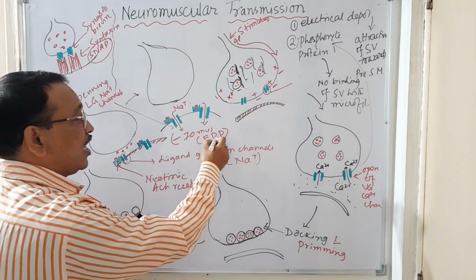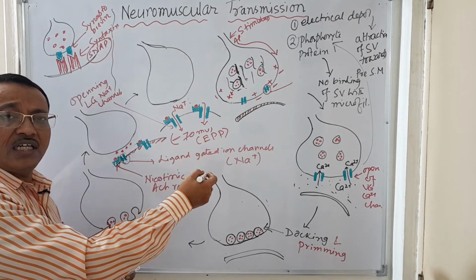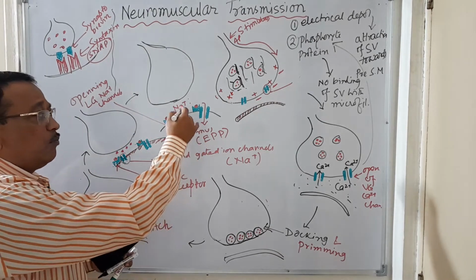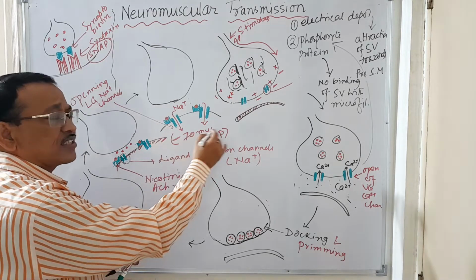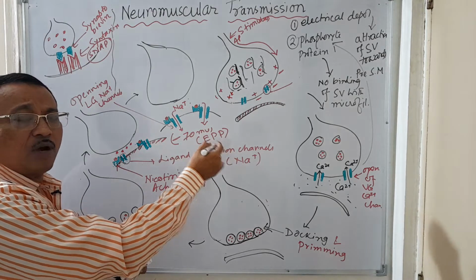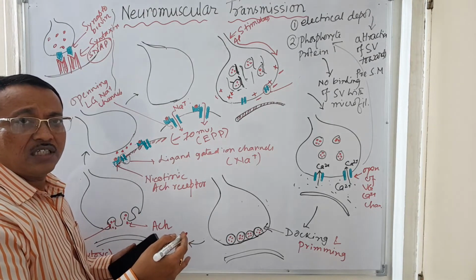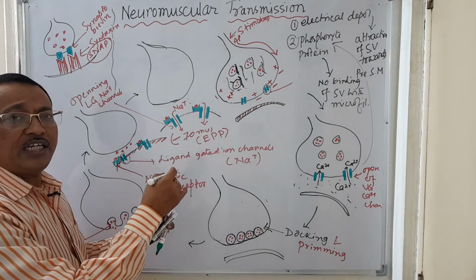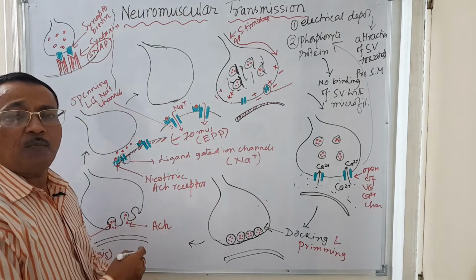So once the end plate potential is produced, from the resting condition of minus 90 millivolt, the inside electronegativity falls to minus 70 millivolt. This change from minus 90 to minus 70 is the EPP, the end plate potential.